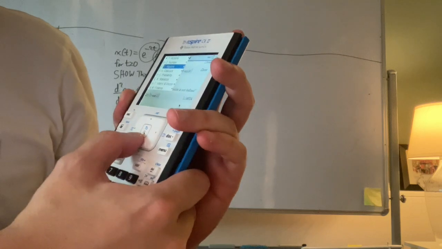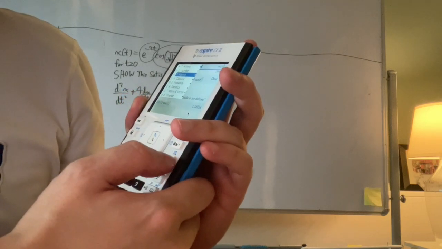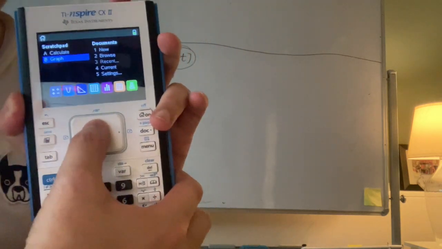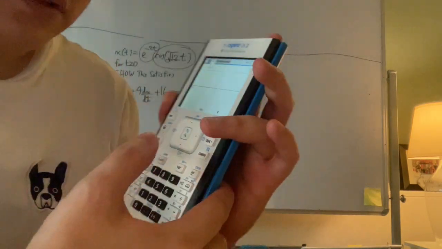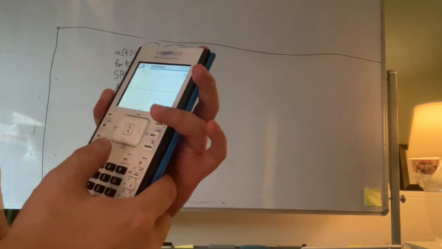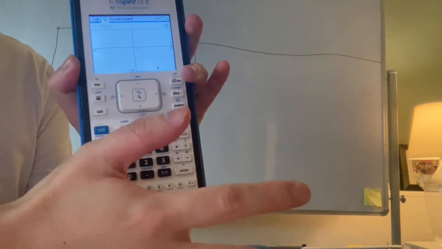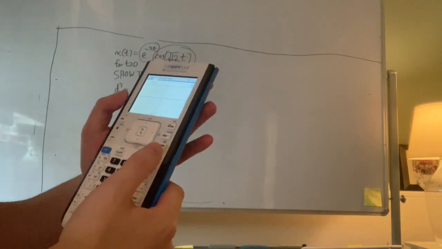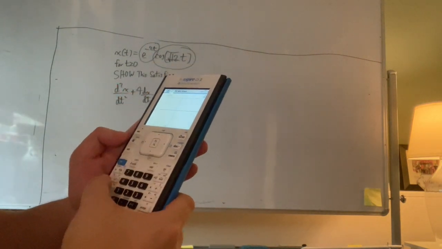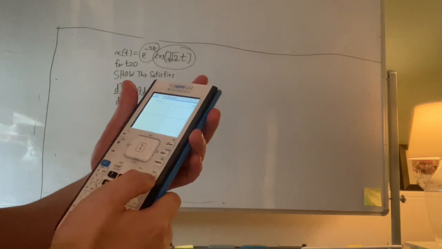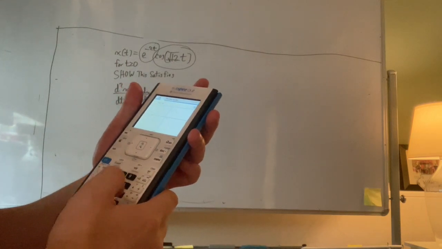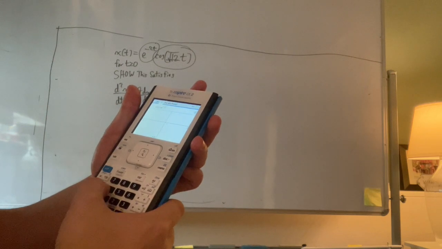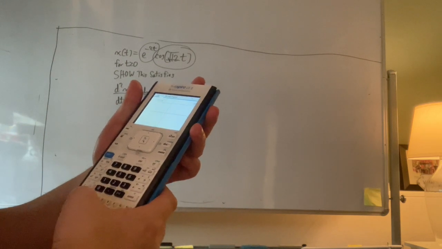So go to graph here. And unfortunately, everything is in terms of x, so although it's a function of time, I'm going to write everything in terms of x. So this is e to the minus 2x, where is the x?